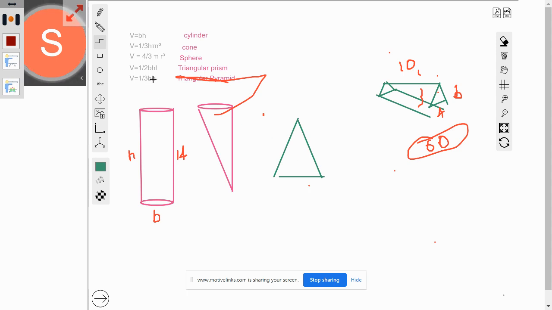So it says 1/2 BH. Now the base is like a rectangle or a square. This is our base, and this is our height.